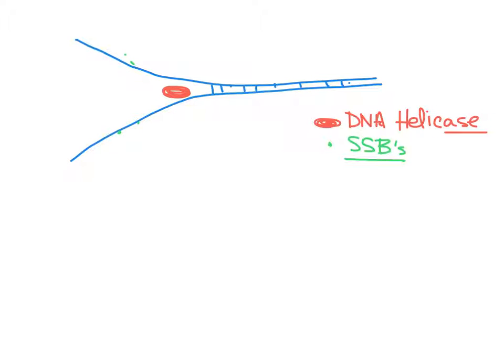Okay, and the first enzyme you want to look at, that red one that was ripping it open, the red is DNA helicase. Okay, again, remember enzymes end in A's, helix, oh, it's the DNA helicase, it's ripping open the helix. Okay, so it's ripping open that. And then we added the little green dots, which were SSBs, which are your single-stranded binding proteins, and they prevent the DNA from collapsing back on themselves.